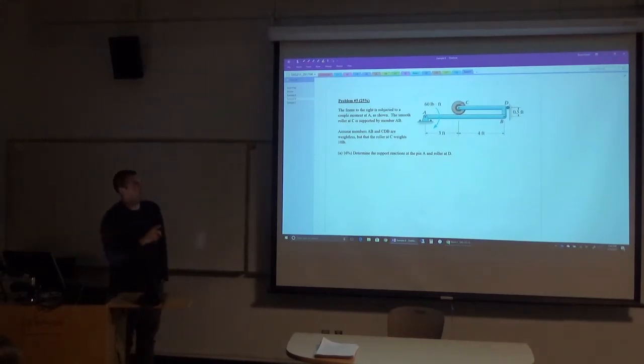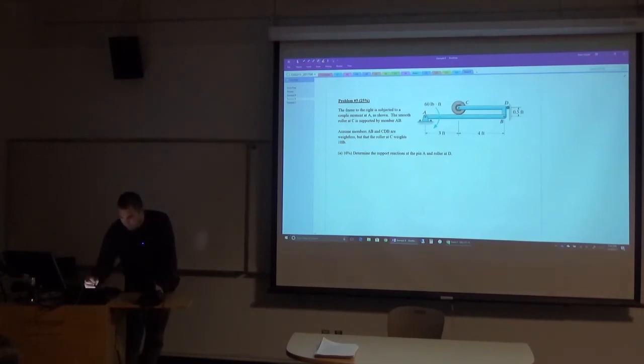Well, there's actually a couple of different things that we could do. This actually appears to be determinate even if we don't make a section cut. So if I were to just turn this into a free body diagram, we can have AY, we can have AX, and then the roller here at D is really the only other support. I'll just show it to the right as well.